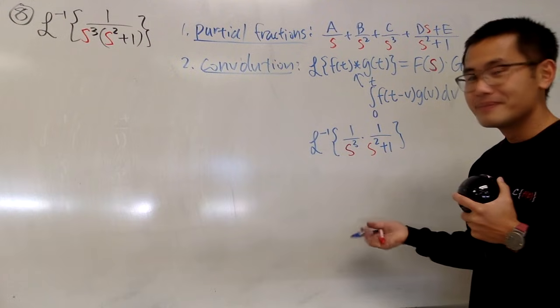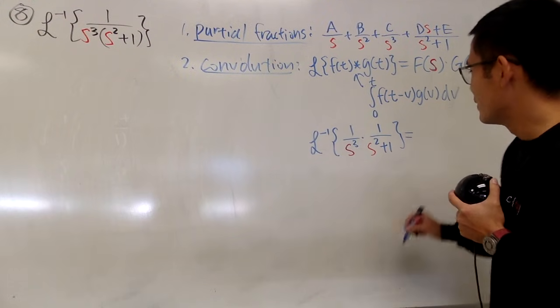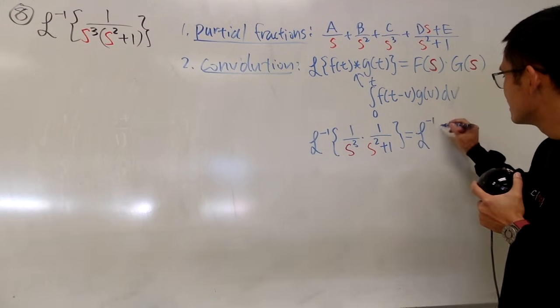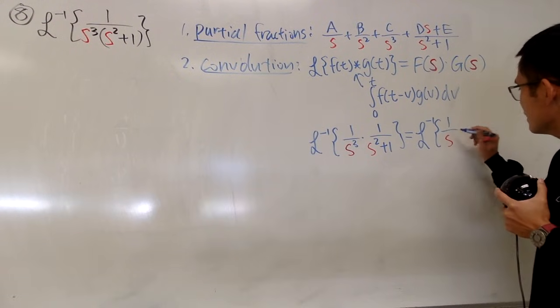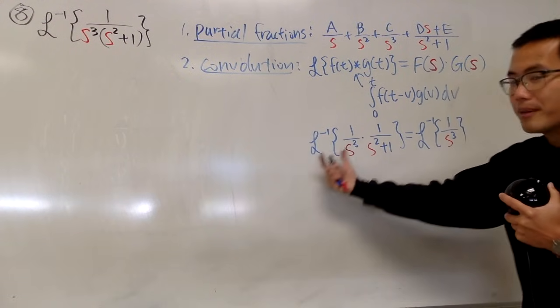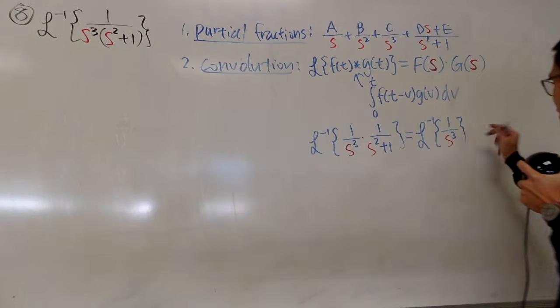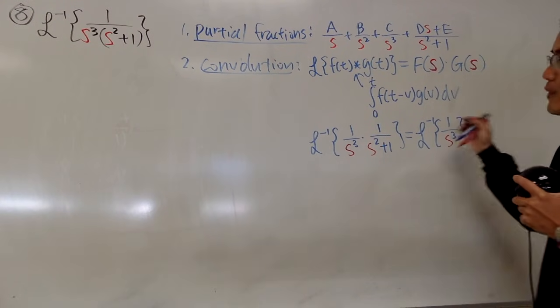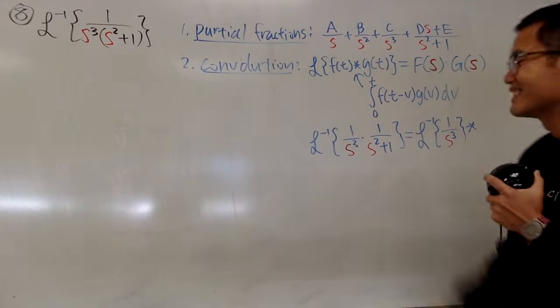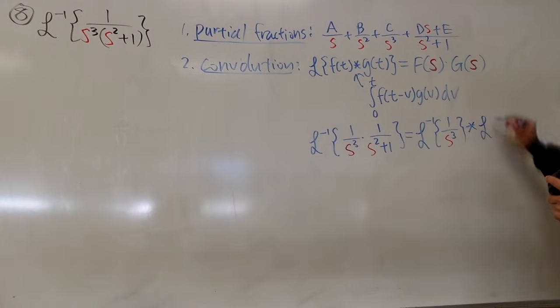You can break it apart, but inside it's a regular multiplication. On the outside, it's going to be the convolution because we are going backwards. And then you have the inverse Laplace of 1 over s squared plus 1.